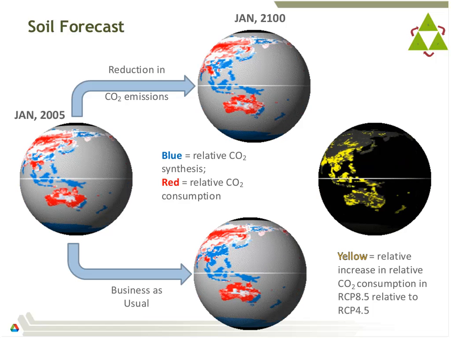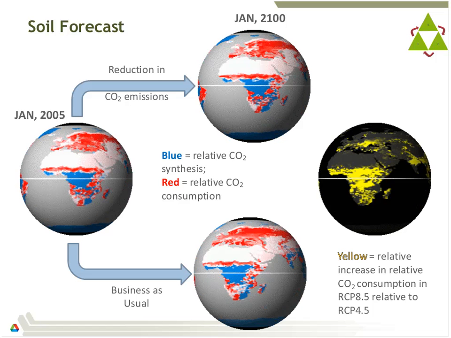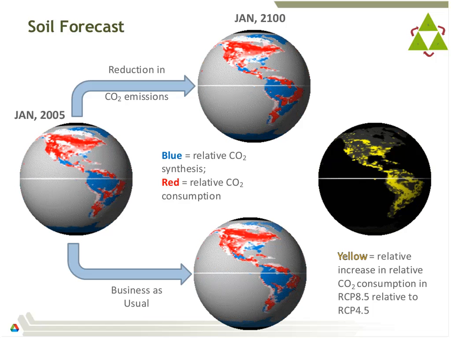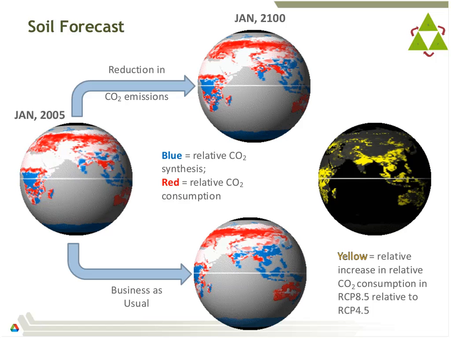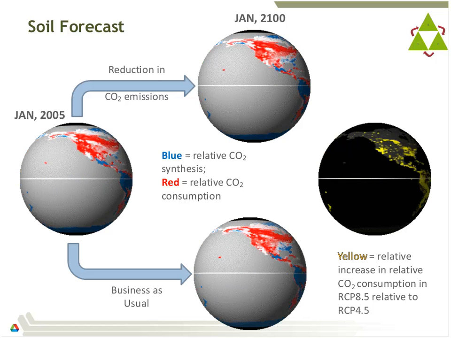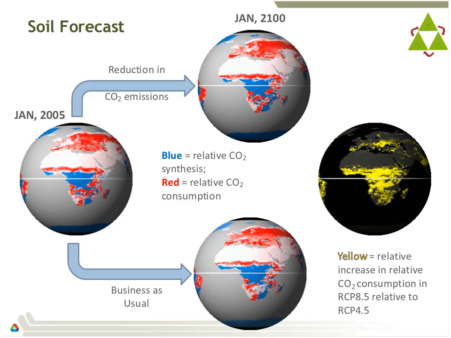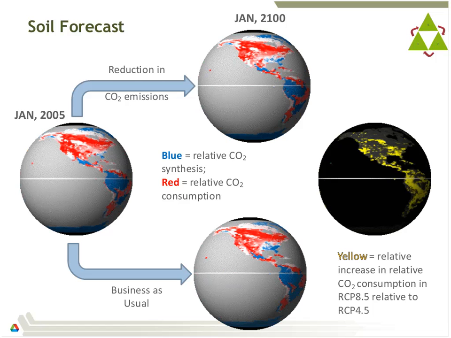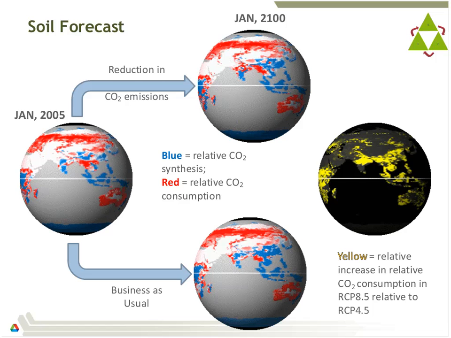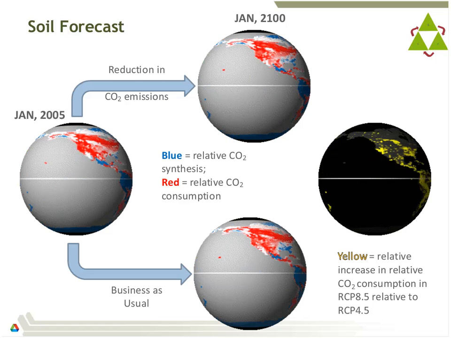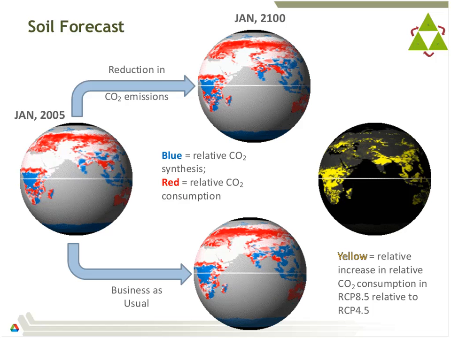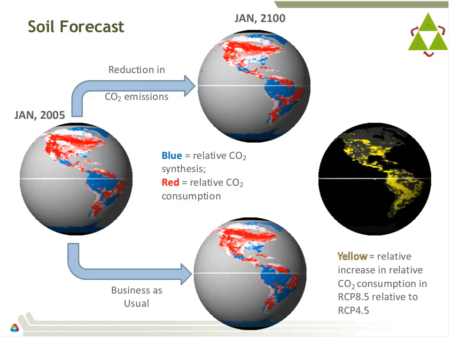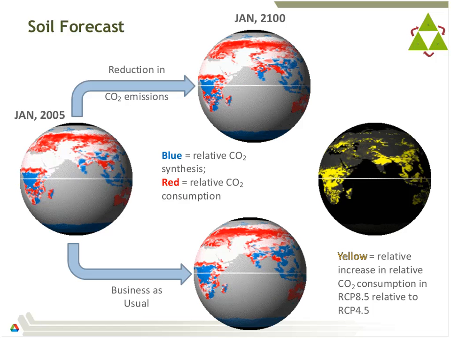And what we can do, if you see on the right hand side with the black and yellow globe, is look at the differences between those two climate forecasts, whereby yellow represents a relative increase in the capacity of the bacteria to consume carbon dioxide in this system. And carbon dioxide in this system is obviously linked to plants in many cases.